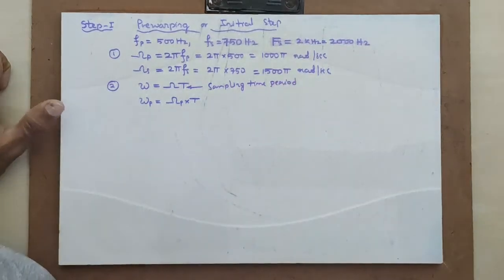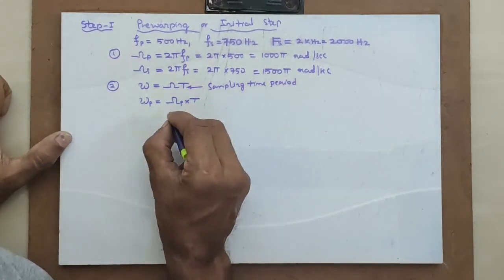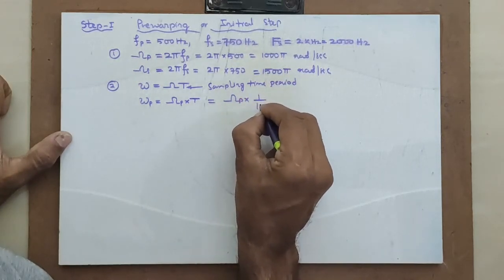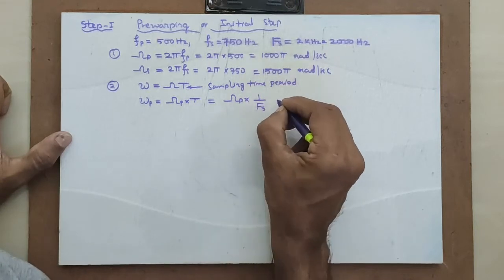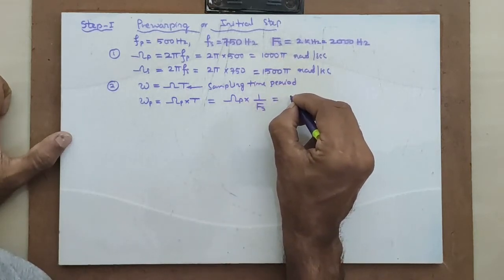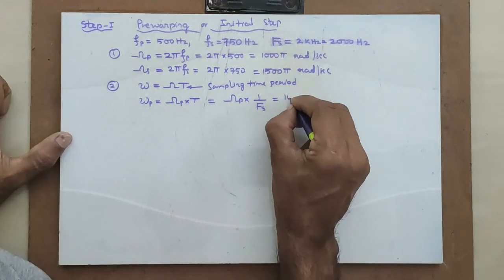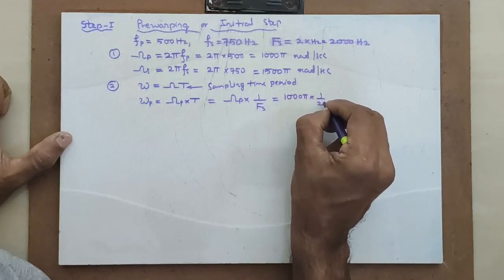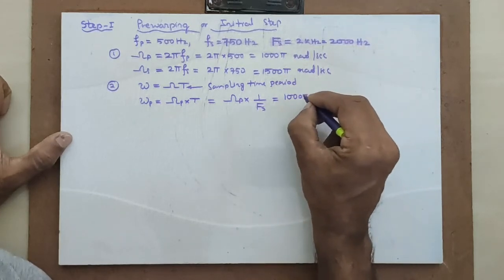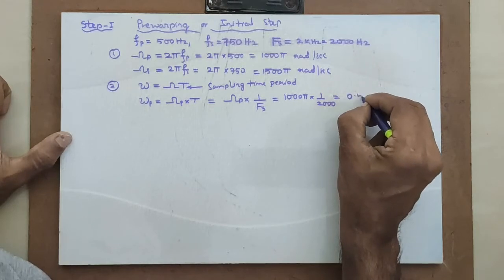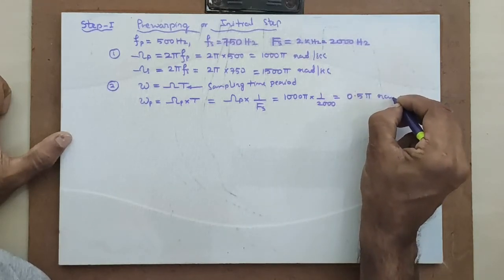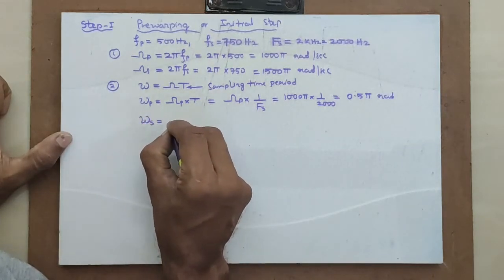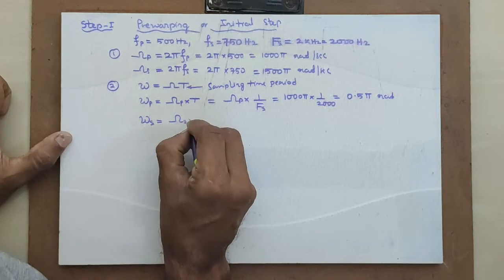The sampling time period can be given as 1 divided by frequency, hence it becomes 1 by fs. Omega p is 1000 pi into 1 divided by 2000, that is 1000 divided by 2000, which means 0.5 pi radians.